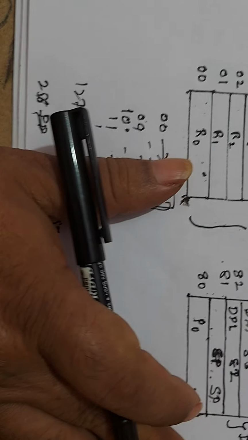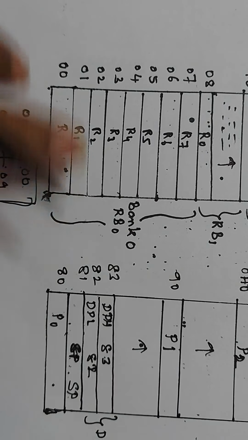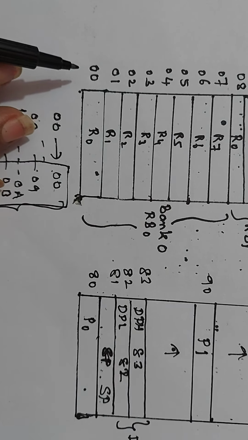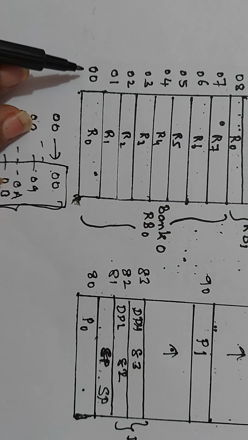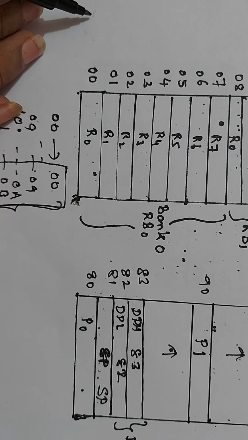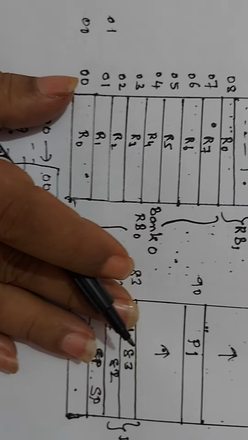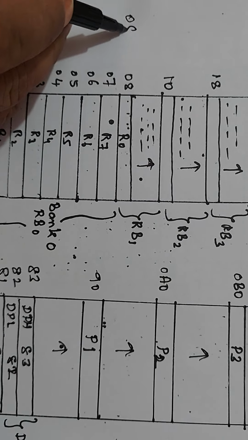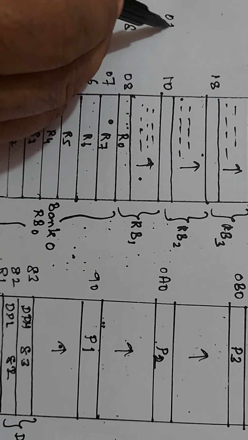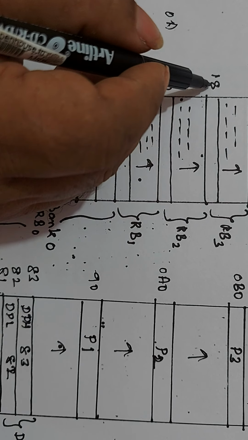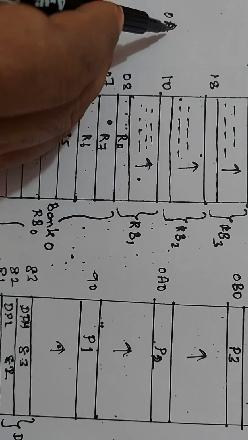You see this figure. The first one starts from 00. I will write the decimal number here. This is 0 decimal number, 01, up to 08, 10 means 0A, and so on. What is 18?